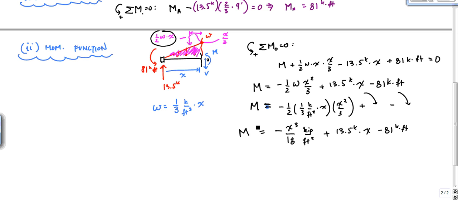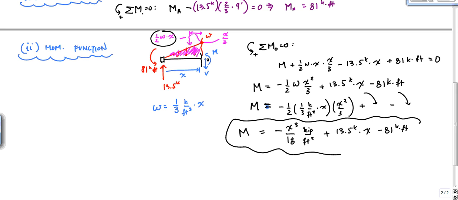And this is my moment function right there. I think that's the hardest part about this problem, really, is the moment function.